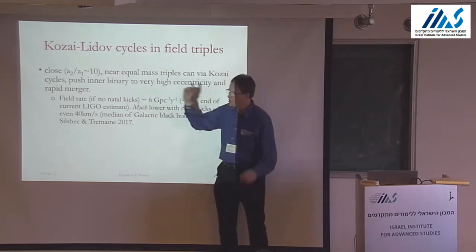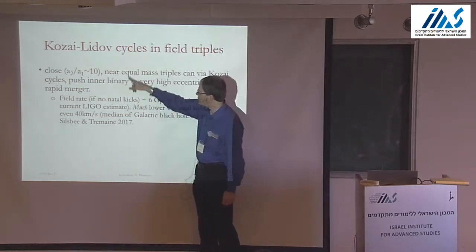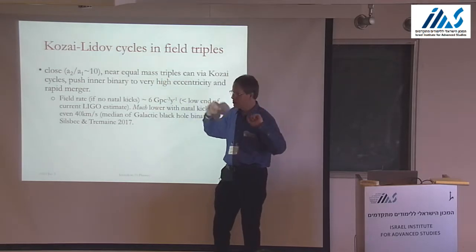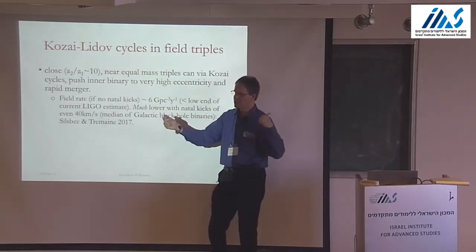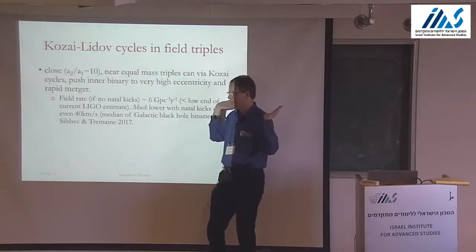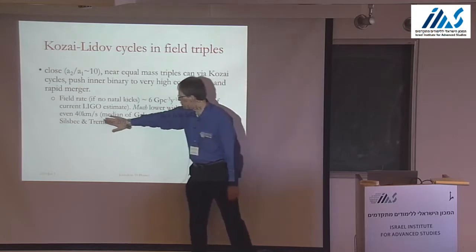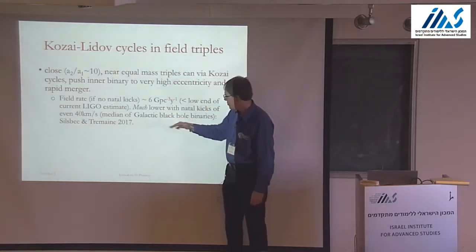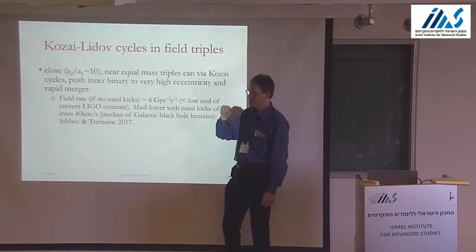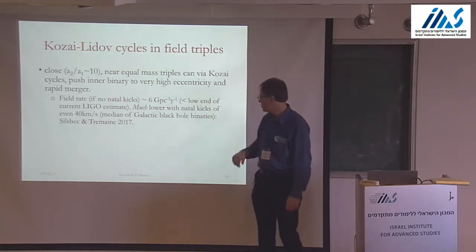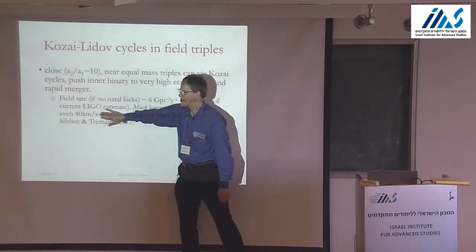But very importantly, the black holes have to have no kick when they form. The problem is that if you're relying on a third companion when the first black hole forms, if you have a significant kick, you basically unbind the triple system, and then it doesn't have any Kozai anymore. So if you give natal kicks of 40 kilometers a second, and somewhat more than half of the galactic black hole binaries that we know about, with a black hole plus a main sequence star, the X-ray transients, have velocities going up to 200 kilometers a second.